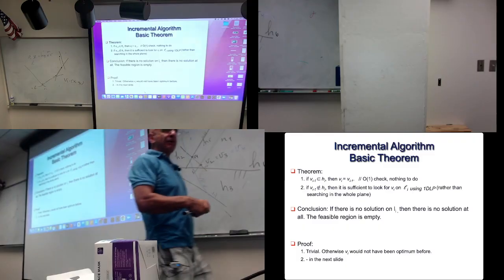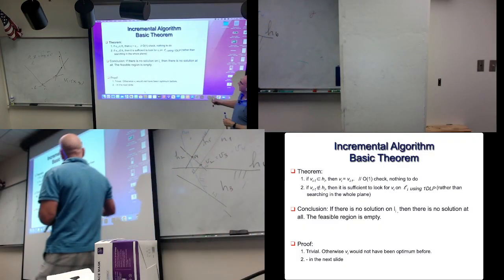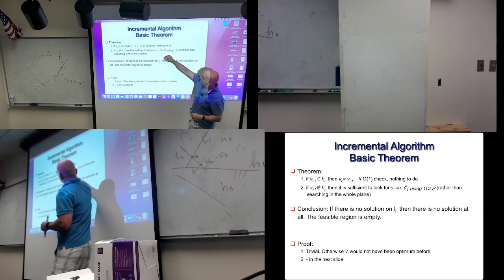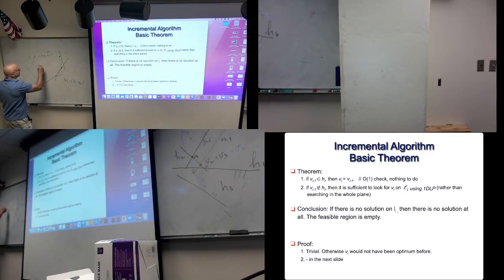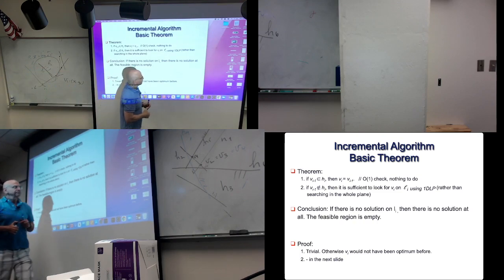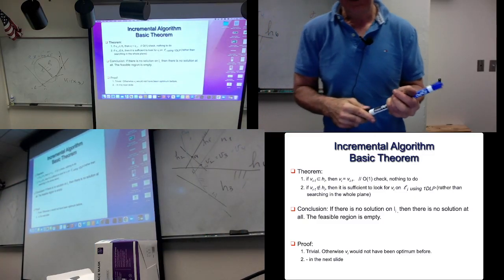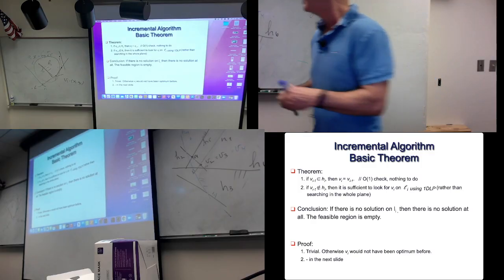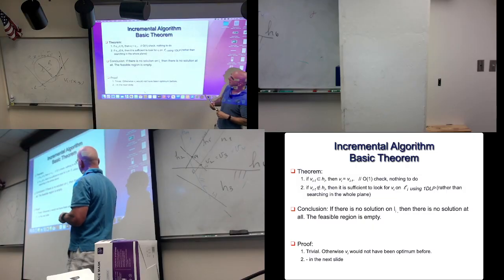So when I look at the new solution, I will have to check only the line that bounds Hi. Just to make sure everybody remembers notation. This is Hi, everything here, and this line is Li. And the conclusion would be, if you don't find a new solution on Li, then there is no solution at all. The feasible region is empty.